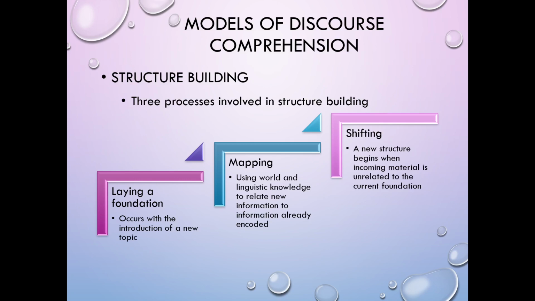So shifting is when you have this foundation of knowledge, you've mapped information onto it, but you're starting to realize, okay, I'm understanding this material well enough, or becoming enough of an expert on this topic, that there's actually a nuanced separation where I need to shift over and say, okay, this is a separate subject.